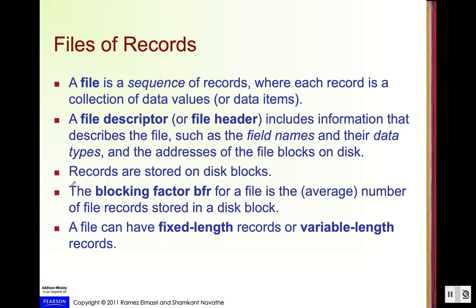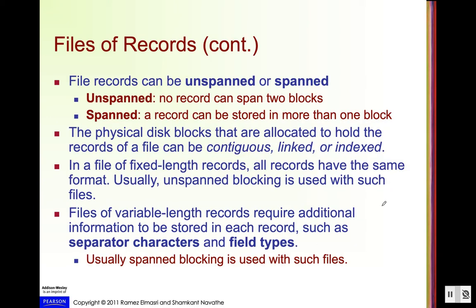Each of the records is going to be stored in disk blocks. The blocking factor is the average number of file records that we can store in a block. A file can have fixed length records or variable length records. File records can be unspanned or spanned. Unspanned means no record can span two blocks, while spanned means one record can be stored in more than one block. The physical disk blocks that are allocated to hold the records can be contiguous, linked, or indexed.